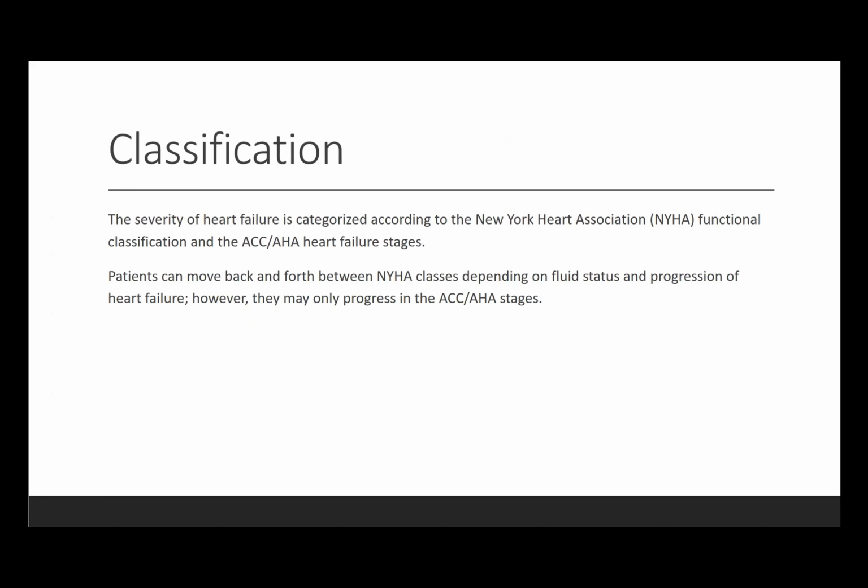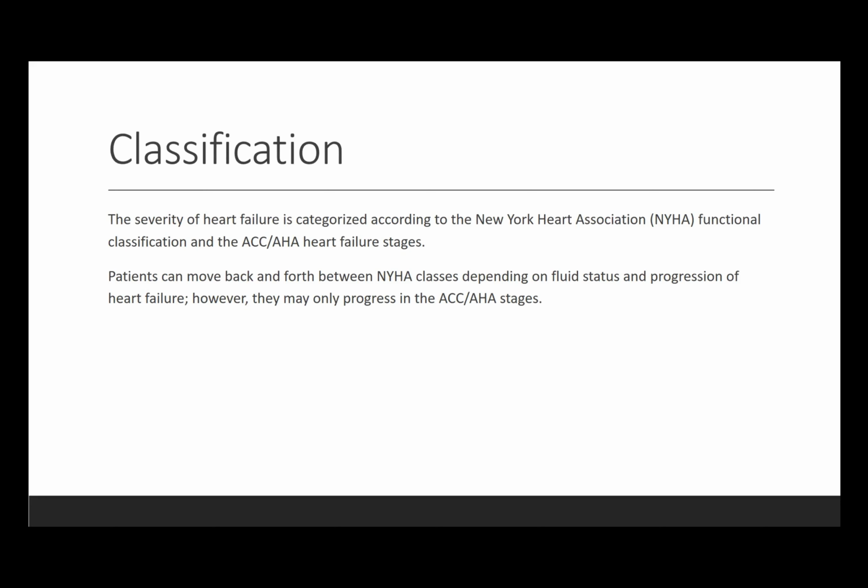The two basic ways of dividing the severity of symptoms are the NYHA and the ACC classification. Dalit, you were right. The NYHA classification looks at functional status, and the easy way to remember it is class 1 to class 4. Class 1 is no limitation in physical activity, and class 4 is that they're not able to carry out any physical activity without symptoms.